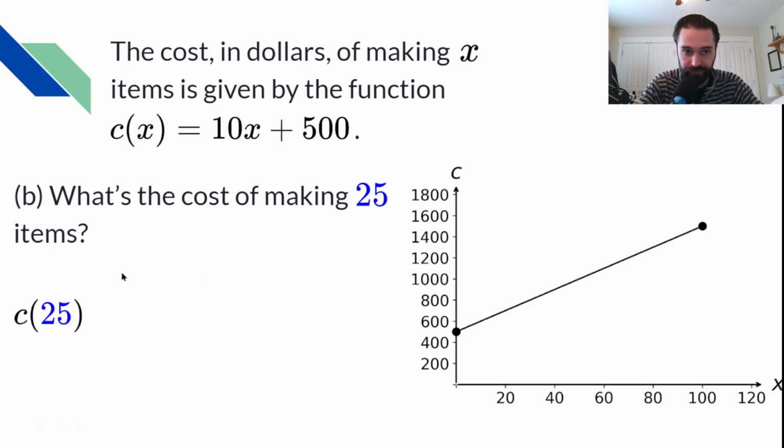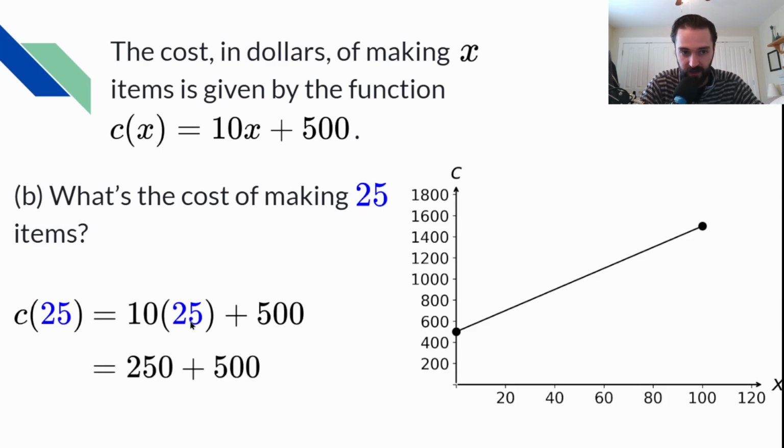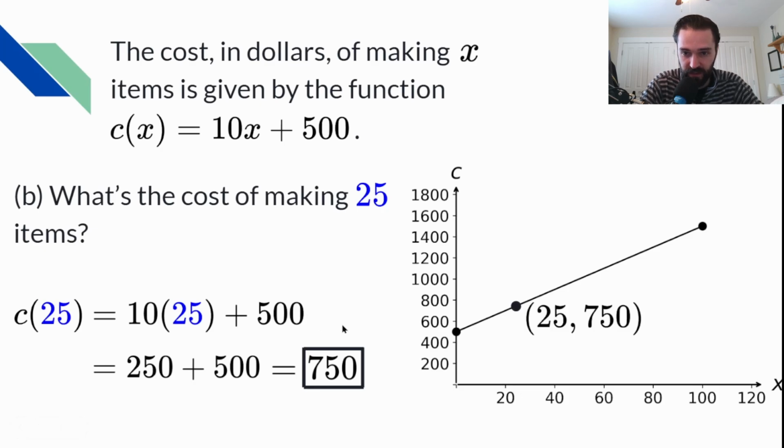C of 25 equals 10 times 25 plus 500, and 10 times 25 is 250. So we have 250 plus 500, which equals 750. So when we make 25 items, the cost is $750, which means that the point (25, 750) is on this graph somewhere, and we can see that it's right here.